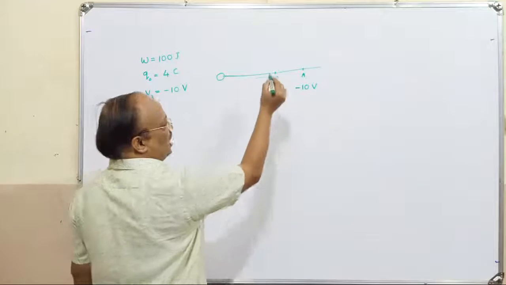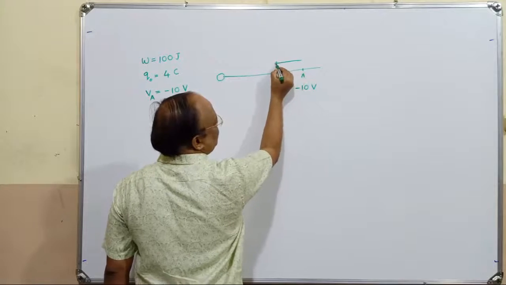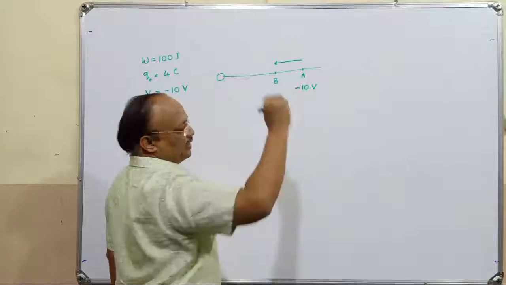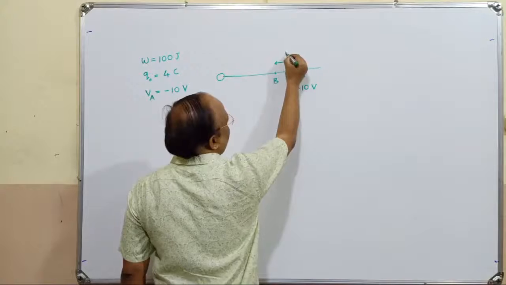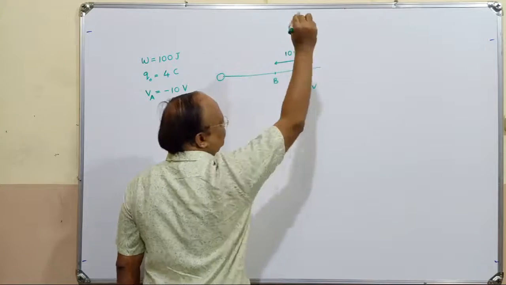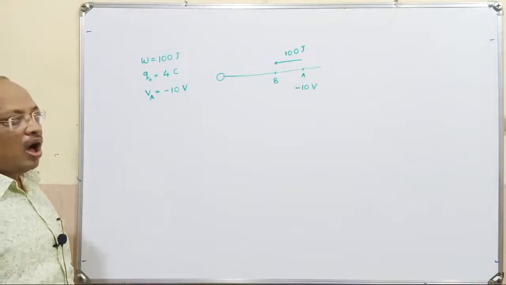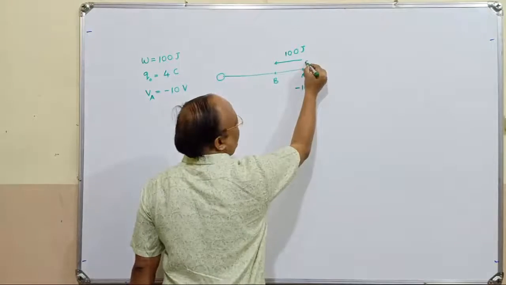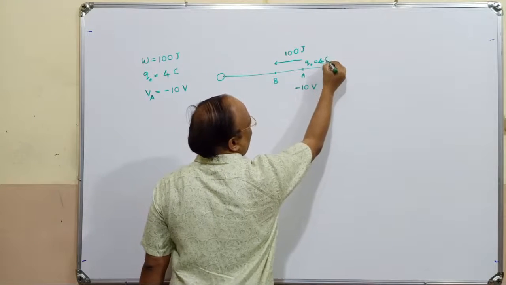We are doing work here to move the charge from A to B. We are doing work of 100 joule on our test charge, Q naught, which is 4 coulomb.